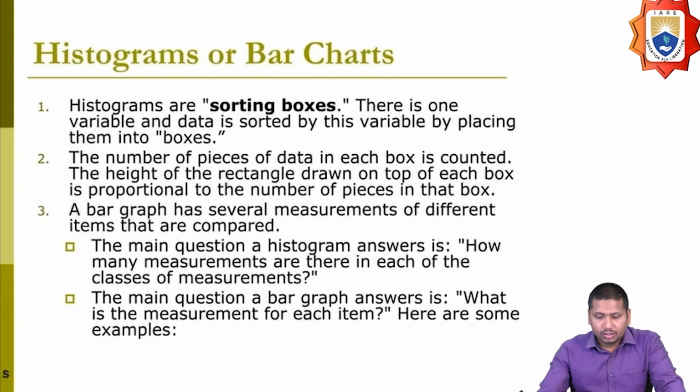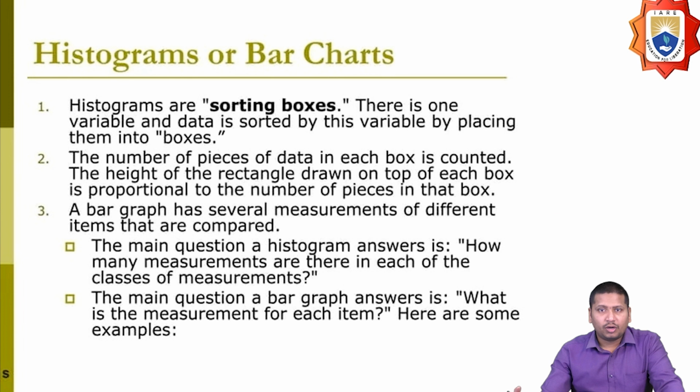So let's see what has to be considered for histograms or bar charts in any kind of application. Histograms are sorting boxes. There is only one variable and the data is sorted by this variable by placing it into boxes. The number of pieces of data in each box is counted, and the height of a rectangle drawn on top of each box is proportional to the number of pieces in that box.